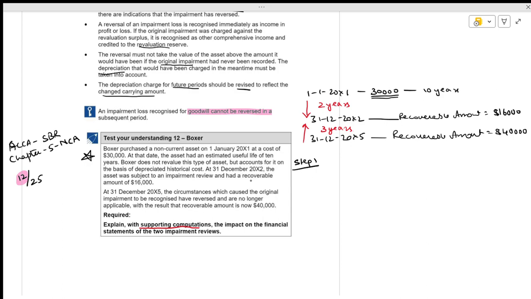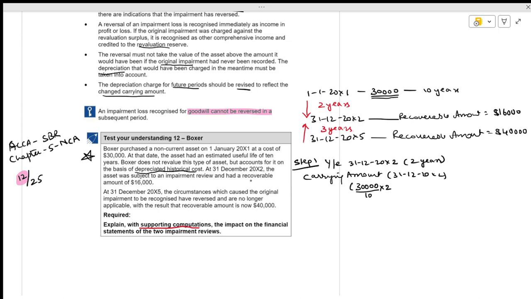For the year ended 31st December 2002, after 2 years, they said it is depreciated on the historical cost. The carrying amount as on 31/12/2002: the historical cost is 30,000, divided by 10 years, into 2.